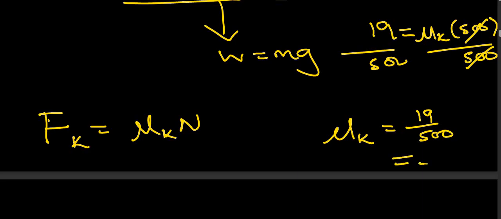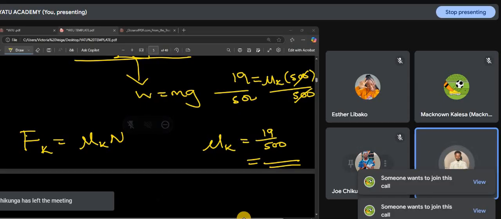Then you get your answer. Have you seen what we've done here, Joseph? So the rest of the information was just there to distract you. The only formula that has the coefficient of friction is the mu k.